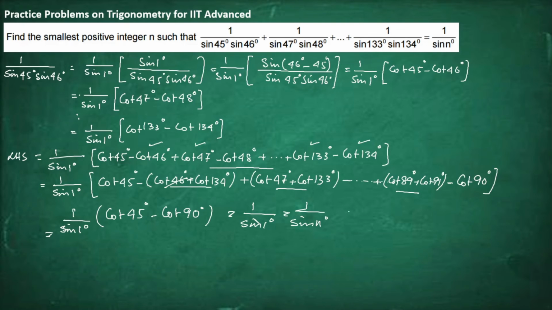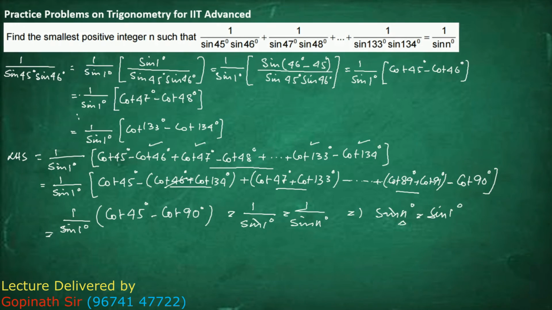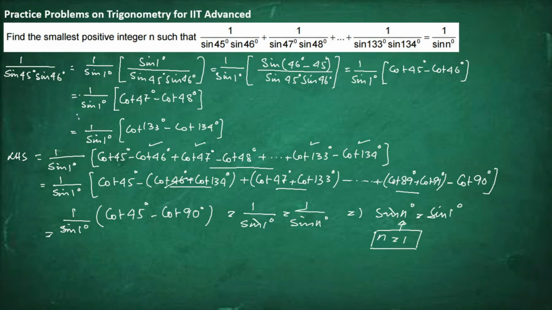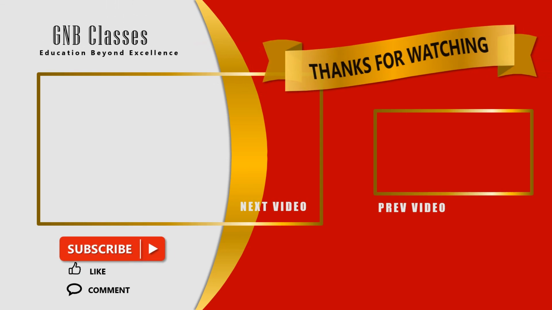So that implies sine n degree equals to sine 1 degree, right? Therefore, the least positive value of n is nothing but 1. Have you understood this problem? Okay.